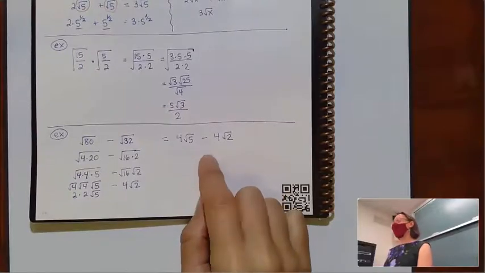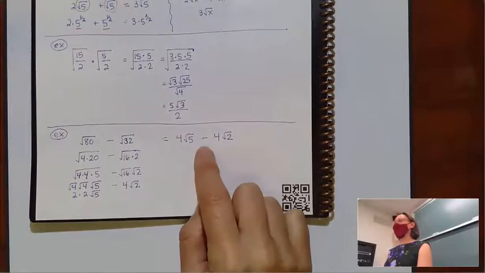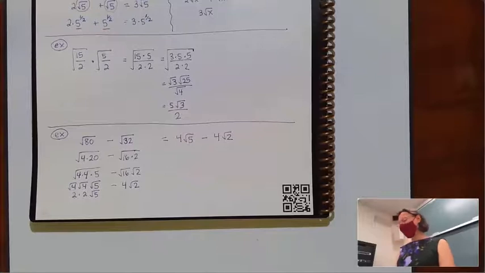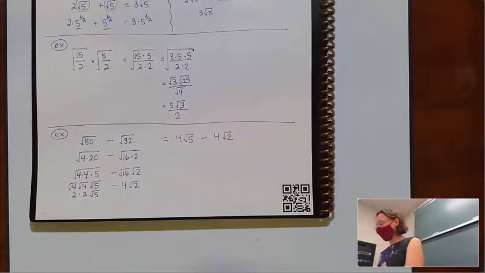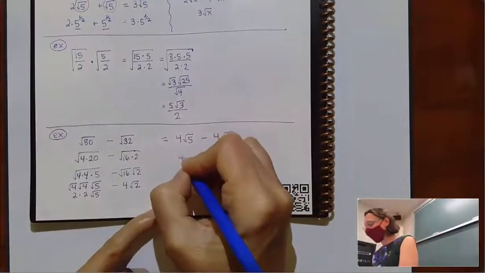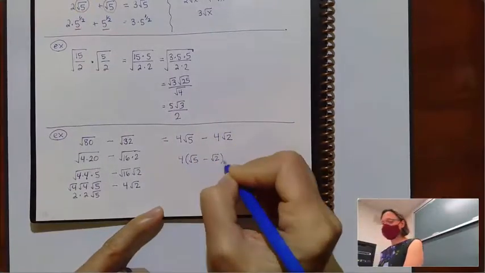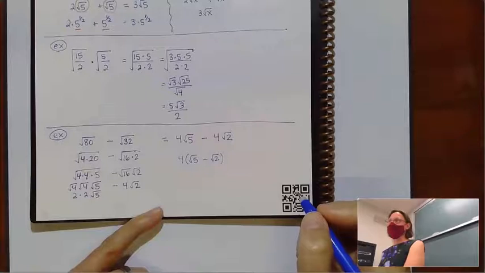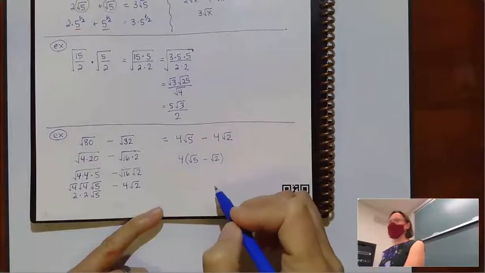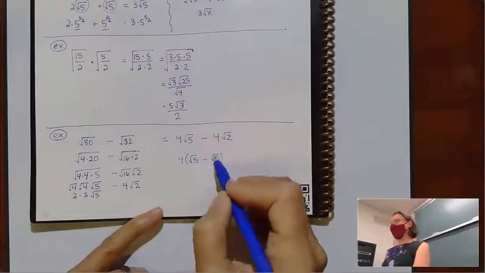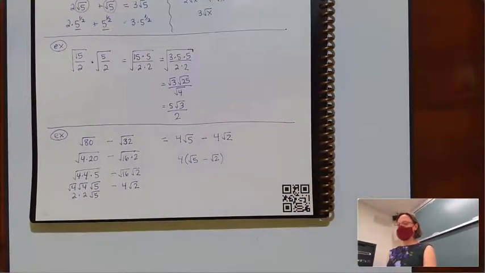So if I try to subtract them, there's nothing I can do with that. I'm stuck. If you really wanted to, you could factor a 4 out and write that as 4 times the square root of 5 minus the square root of 2. But I'm not sure it looks particularly simplified in that form, but you certainly could write it in that factored form.